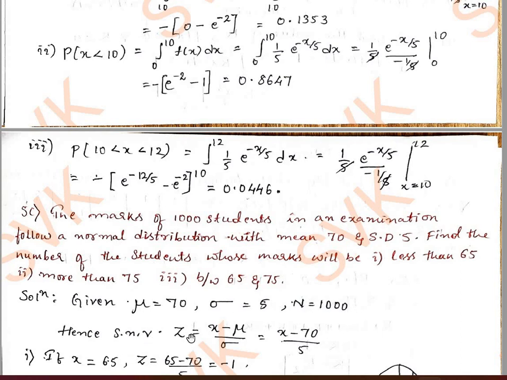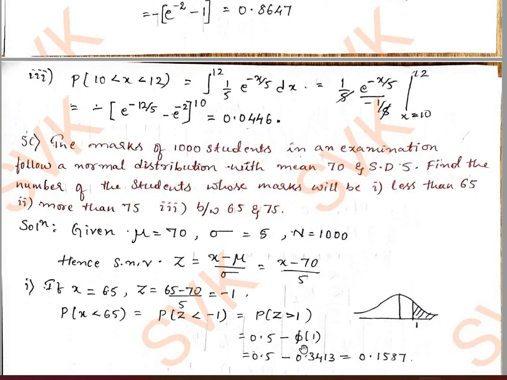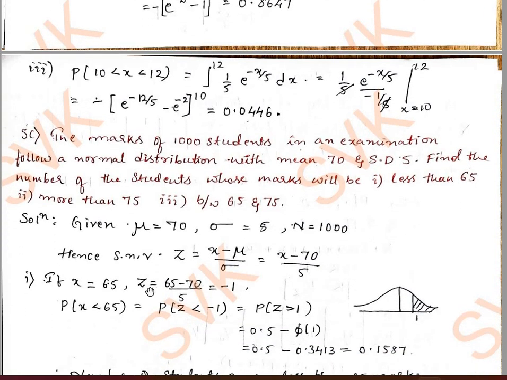By standard normal variate, we have z equal to x minus mu by sigma. Substituting mu and sigma values, I will get z. Then if x equal to 65, I am going to get z value as minus 1.